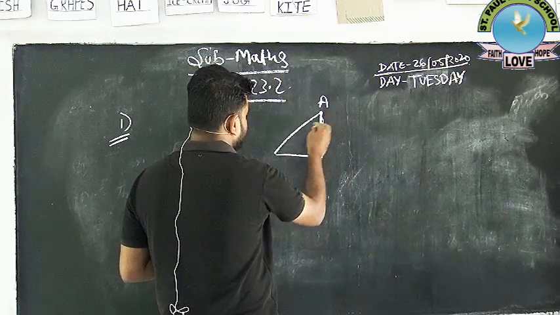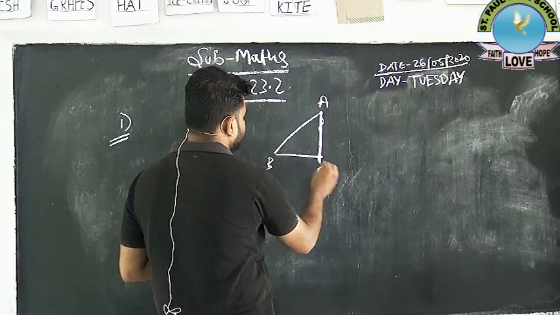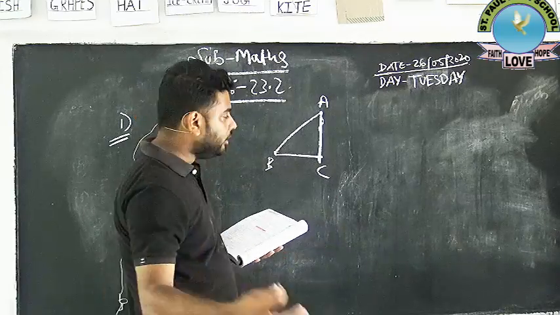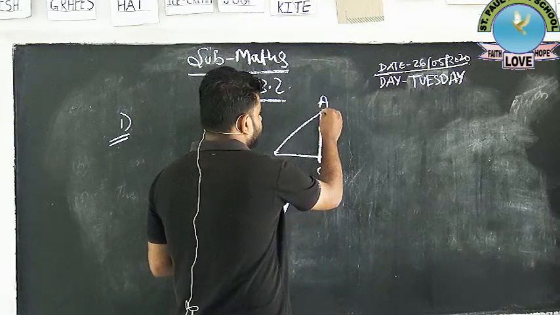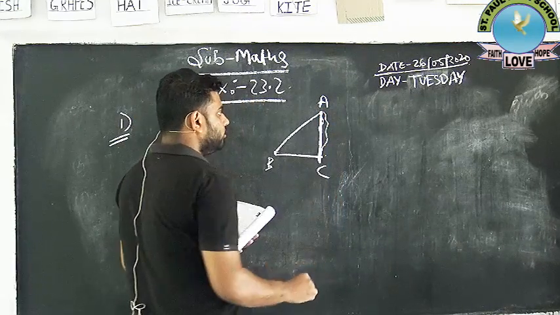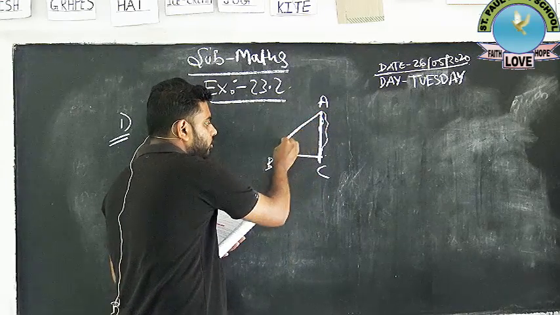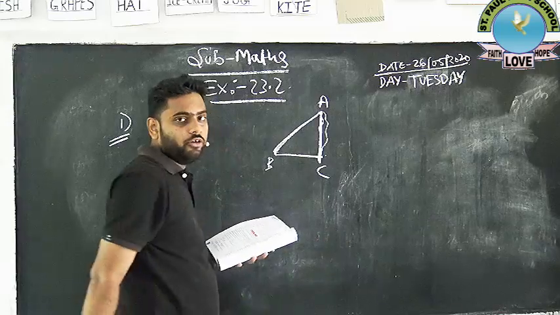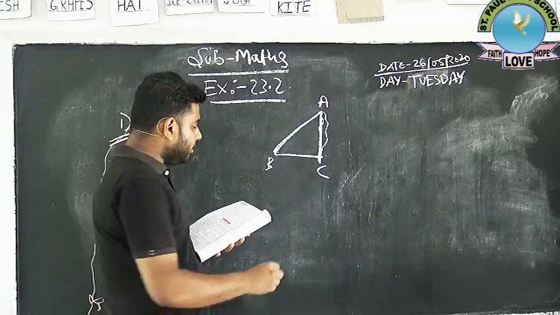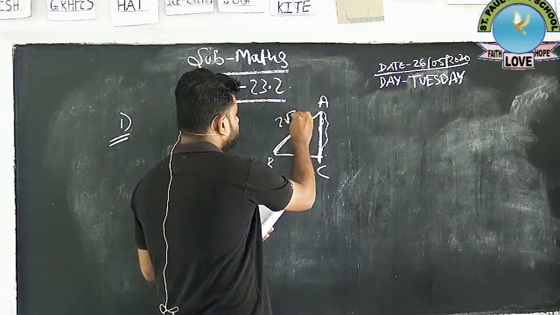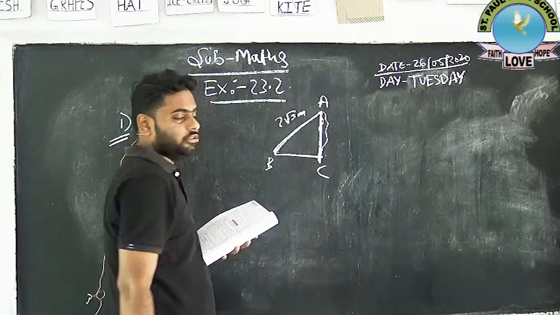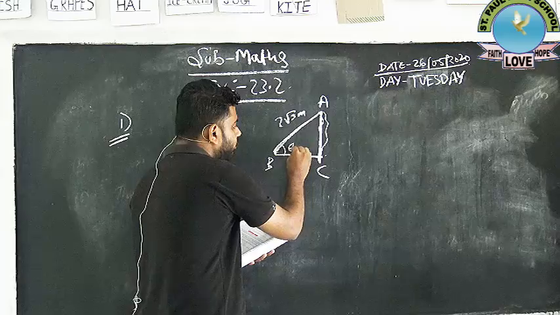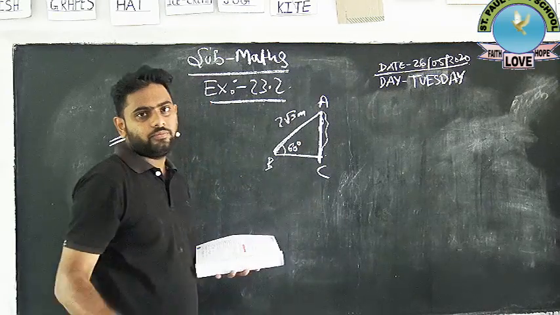Basically I can give the names A, B, C. You can write A, C, B or whatever you feel like. We have to find the distance between here and here. There is a ladder lying against your window. So this point A will be my window and this ladder length is 2√3 meter and it is making an angle of 60 degree.